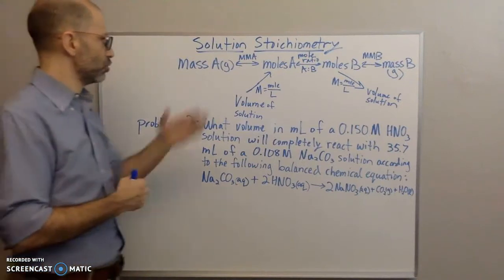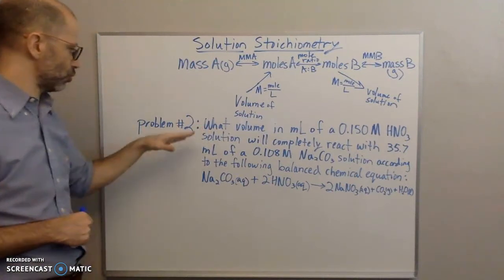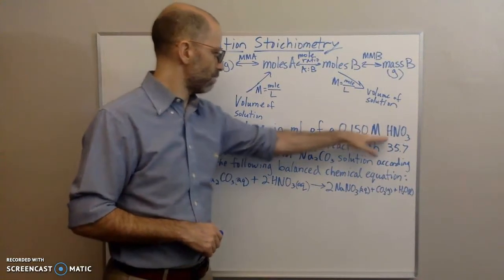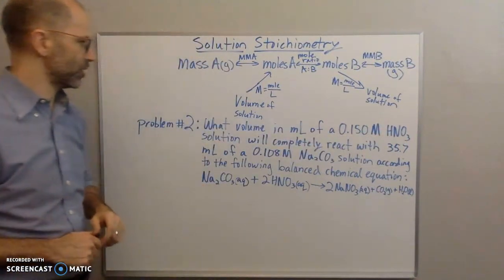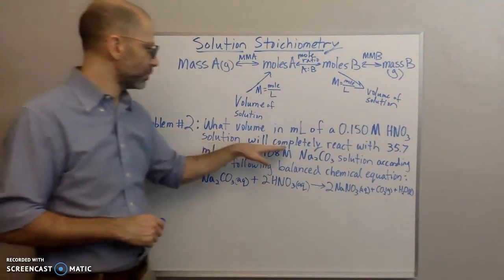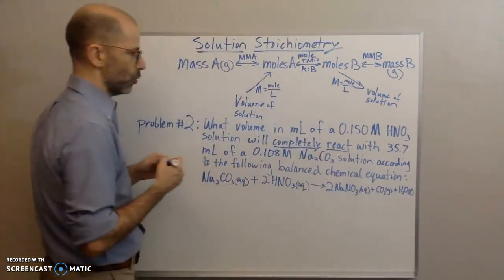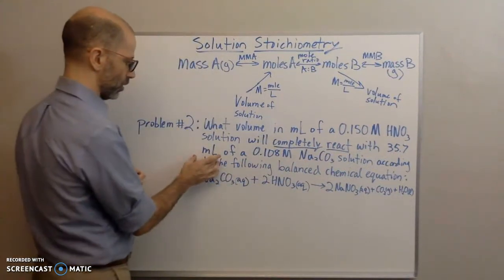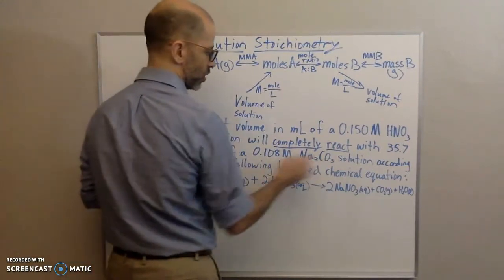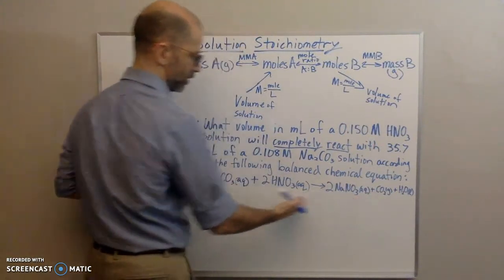All right, so our solution stoichiometry. In problem number 2, we're told: what volume in milliliters of a 0.15 molar solution of HNO3, that's nitric acid, will completely react with 35.7 milliliters of 0.108 molar sodium carbonate solution, according to the following balanced equation.